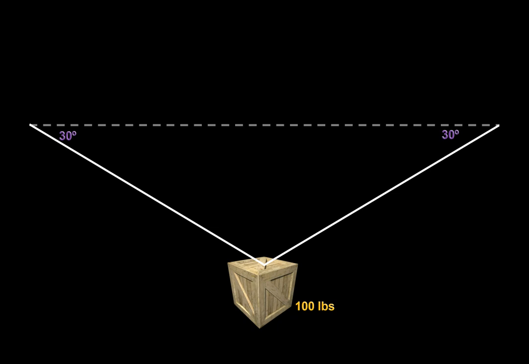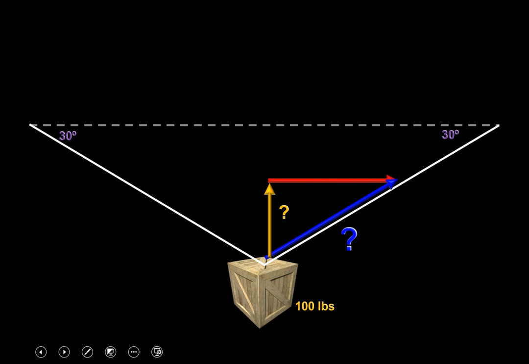For example, we have a box that's 100 pounds and 2 strings at 30 degrees holding it. We want to know what that tension force is. It's tension force because it has a string. So going up, if you have 2 strings going up, what would that yellow force be?